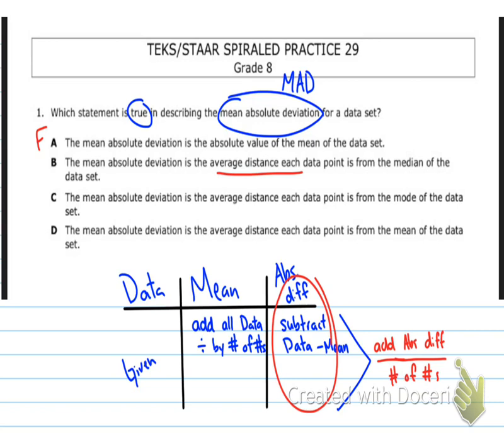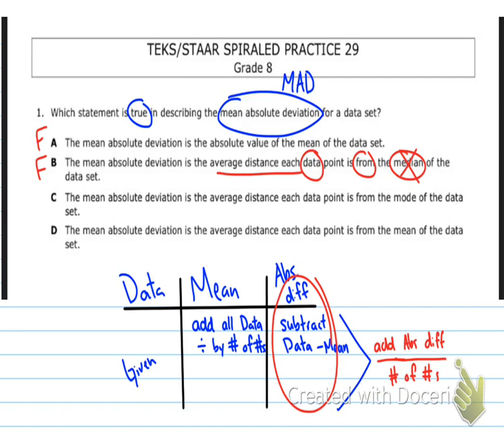Absolute value is a distance. But I'm finding the average distance from data and the mean. And unless you notice it, this is data from median. The median actually has nothing to do with me finding the MAD. So while it's close, this is why we need to be good readers. This is the hard part on this. While it's close, it's still completely wrong.